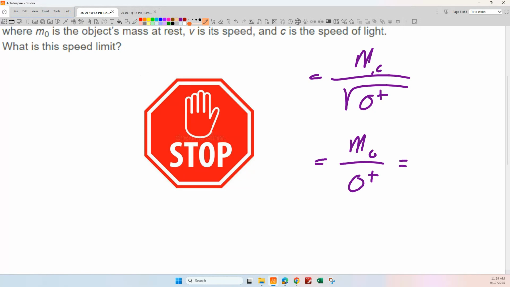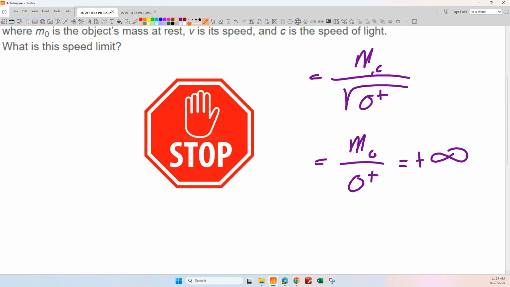Okay, well, dividing by 0 tells us what? If I've got a non-zero number on the top, it's exploding towards infinity, right? And what's the sign going to be? Positive. Mass is positive, right?